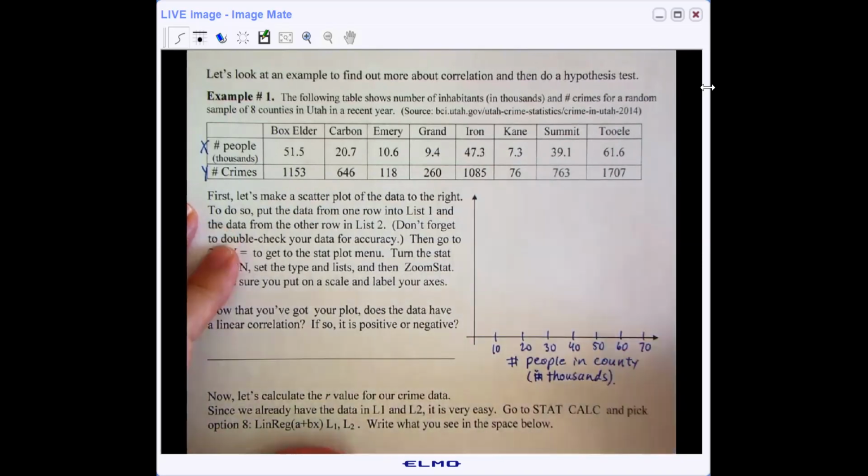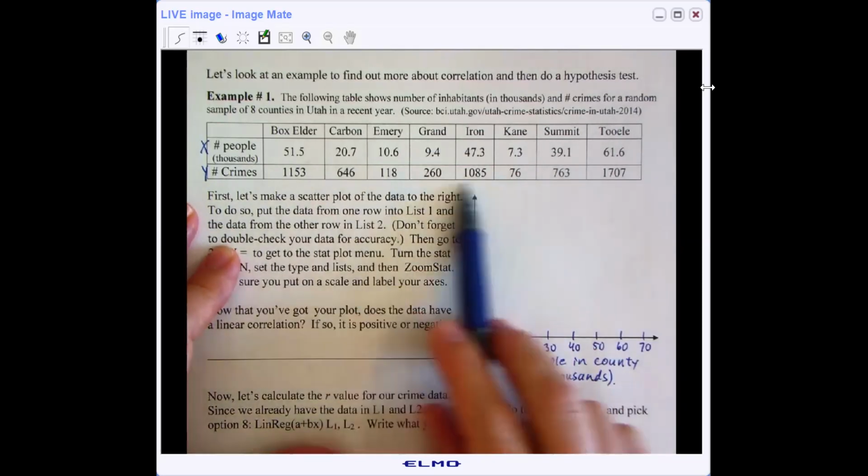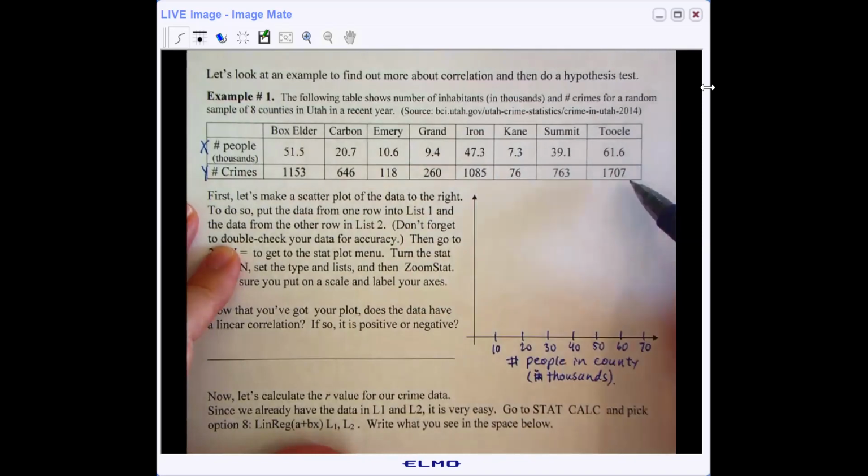Okay. And the number of crimes, again, the lowest was 76 and the highest, Tooele County, was 1707. We could maybe go up by 200 or 250, starting at 0.